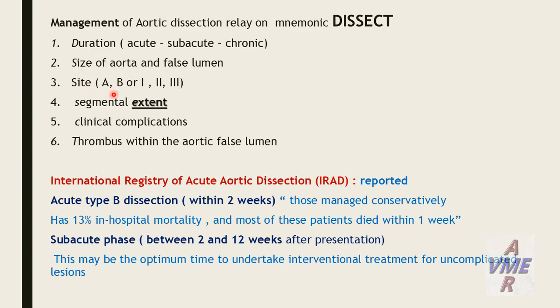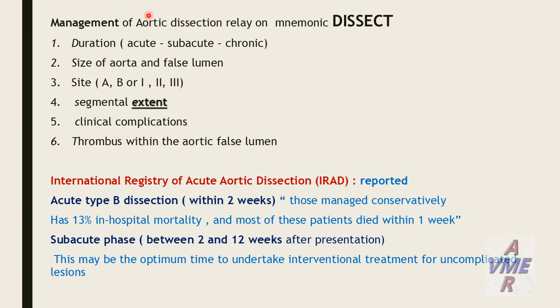Site: type A or B for Stanford, type 1 to 3 for DeBakey. Segmental extension: extended to the viscera, to which renal, to which iliac. Clinical complications like rapid expansion, severe pain, rupture, limb ischemia, mesenteric ischemia, uncontrolled hypertension, and thrombus within the aortic false lumen.